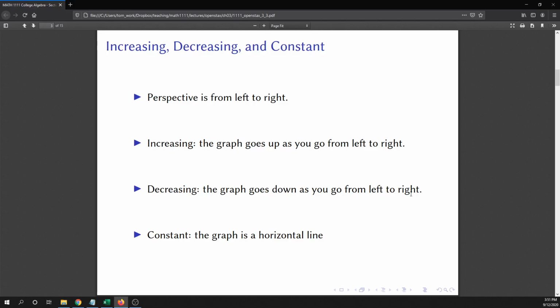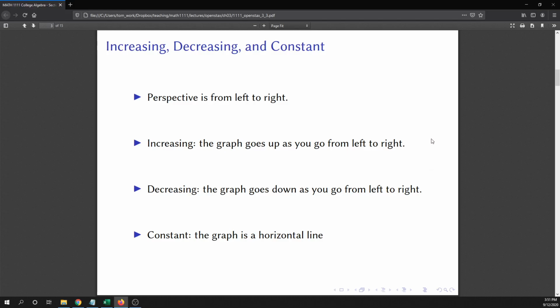All right, so it's always from left to right. And like I said before, increasing on an interval just means that the graph goes up as you go from left to right. Decreasing means that the graph goes down as you go from left to right. And then constant means that the graph is a horizontal line. Okay, so that's what that means.